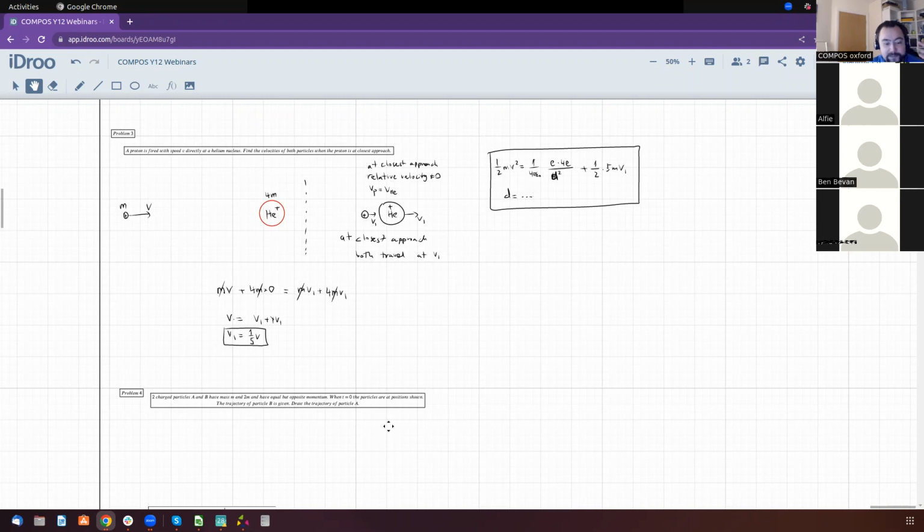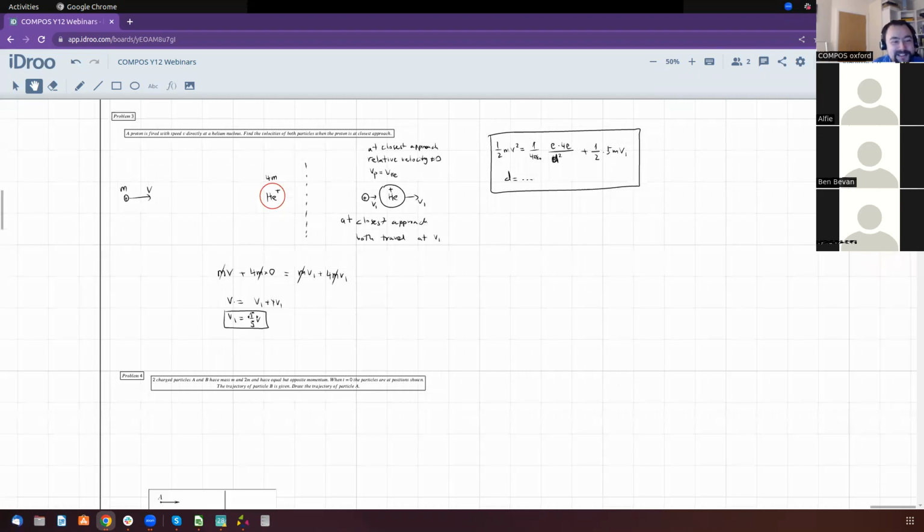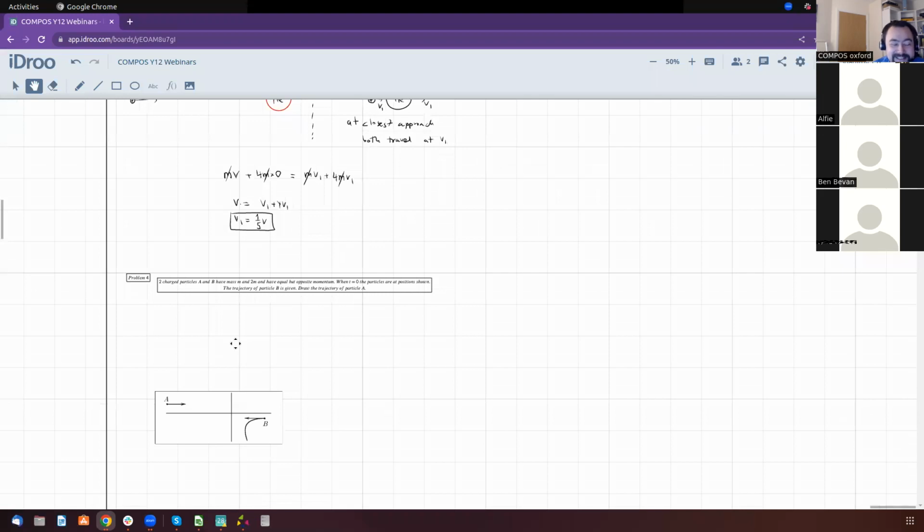If you consider springs, the more you compress the spring, the stronger the force. That's linear. With charged particles, it's a quadratic relationship. So the force increases as the inverse square of the distance between the particles. So it's a very non-uniform acceleration.